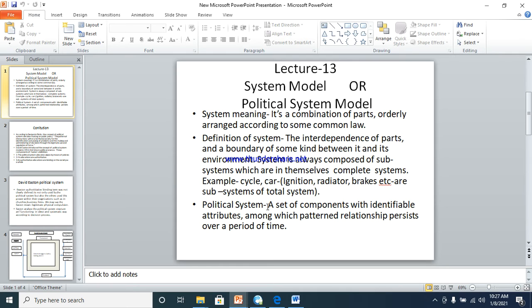Today our topic is the system model, or political system model. This is the last model which we study of public policy making.